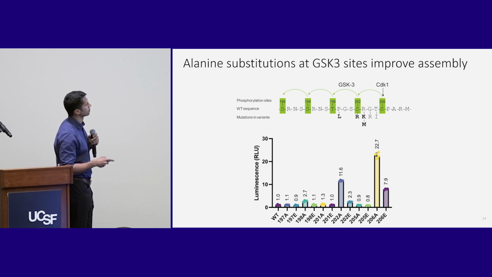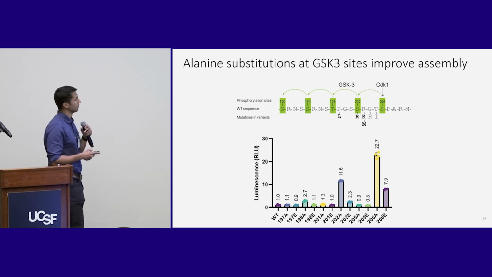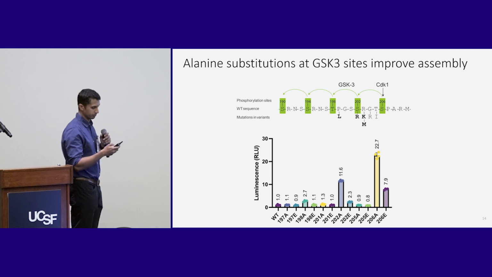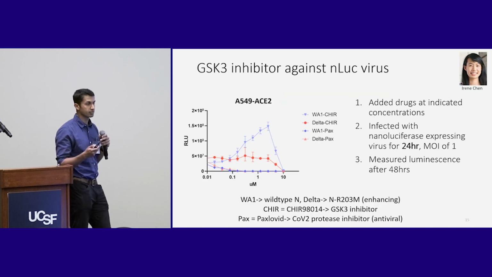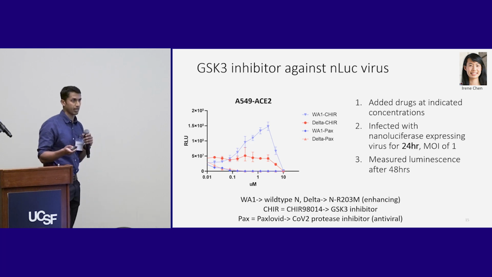And so substitutions at 206 generate 20 times more luminescence, and then at 202, about 10 times, and then at 198, about 3 times. So progressively, as you reduce phosphorylation, you get better assembly. So we're still exploring why this phosphorylation is affecting the packaging ability.